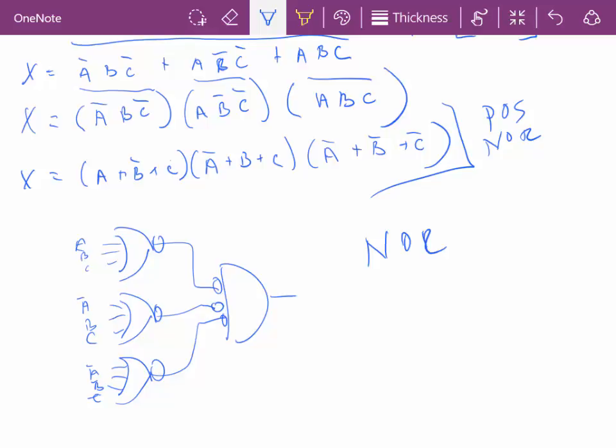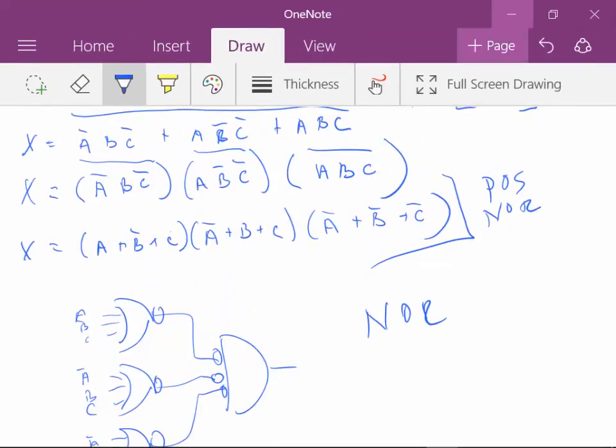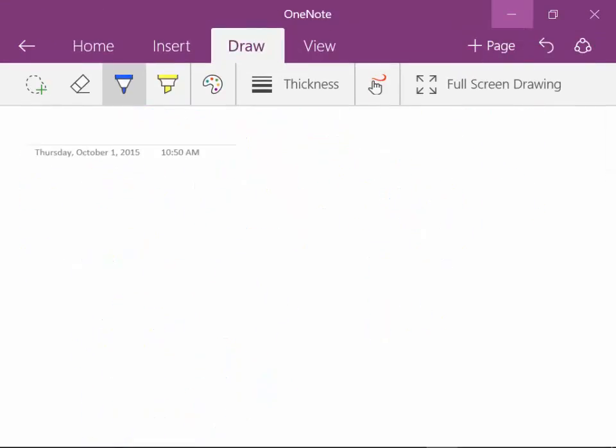Now, how will we do this with Karnaugh maps? The same way. We read the zeros out. So again, I'm going to just put a random one here, and I'm just going to do this up to 3. We could do it with 4. It doesn't really matter.